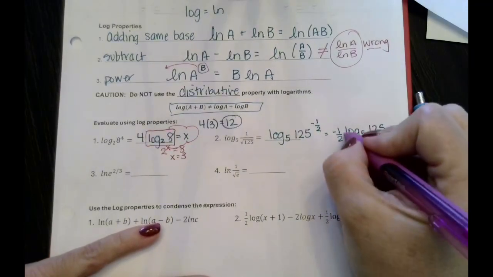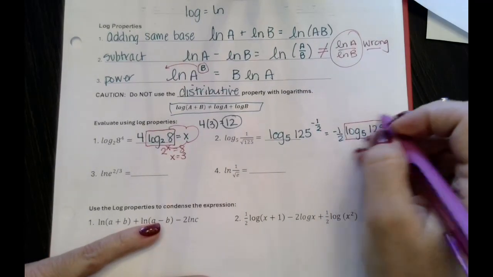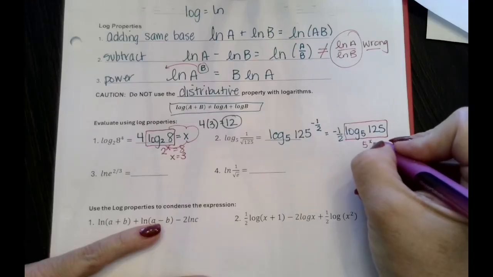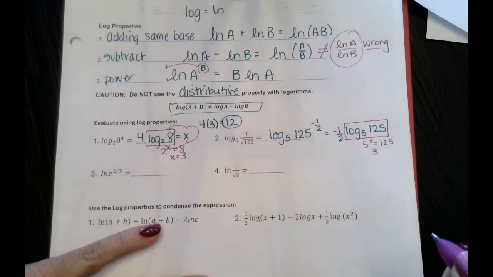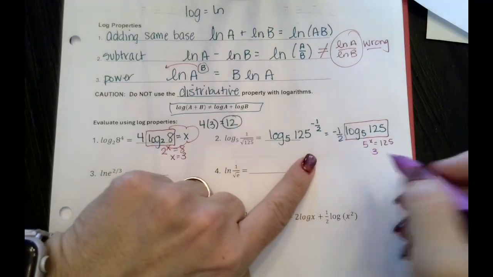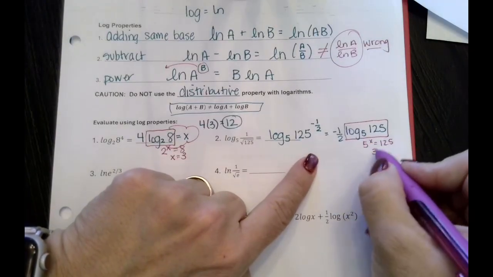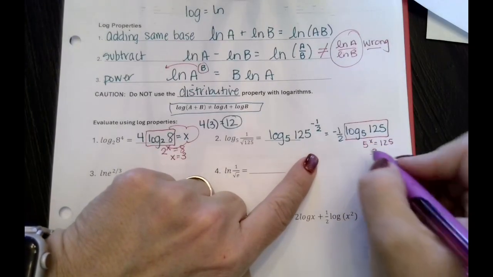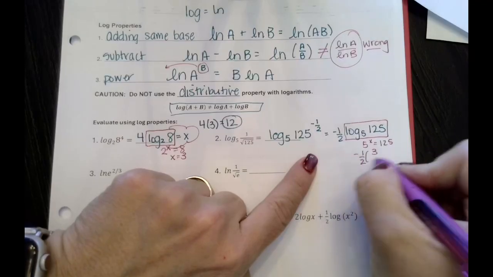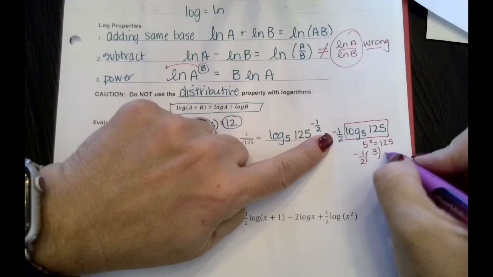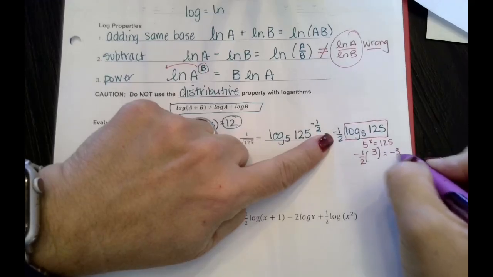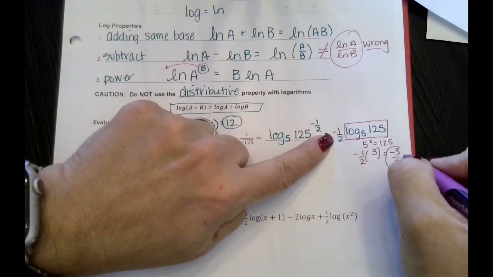Okay, now I'm going to evaluate just this guy right here. So 5 to the what power equals 125? And that's going to be 3. So if I plug it back in here, the value of this is 3. But I have to multiply it by negative 1/2, because that's what's out here in front. So the solution here is negative 3/2.